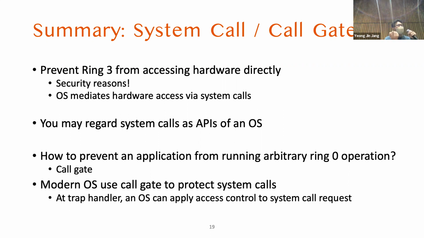The important concept is that we let user space have only one way to invoke the system call, and that's the call gate. At the call gate, we can examine the arguments and check them to prevent bad things from happening in the operating system.